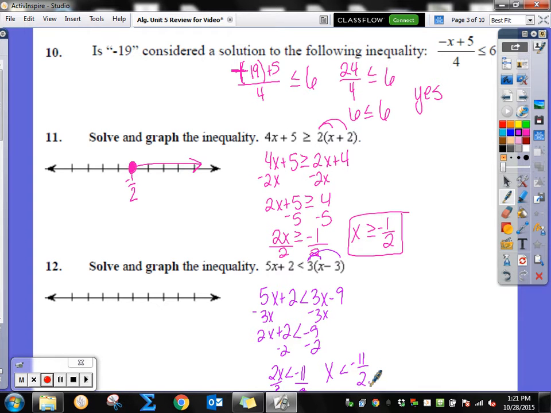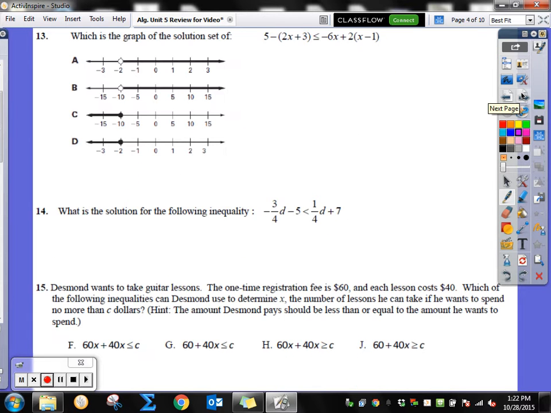You can also write that as negative 5.5, but I prefer to leave it as a fraction. So negative 11 over 2, then it's an open circle to the left because it is less than. Which is the graph of the solution set. So we just have to solve it and then match up the graph.